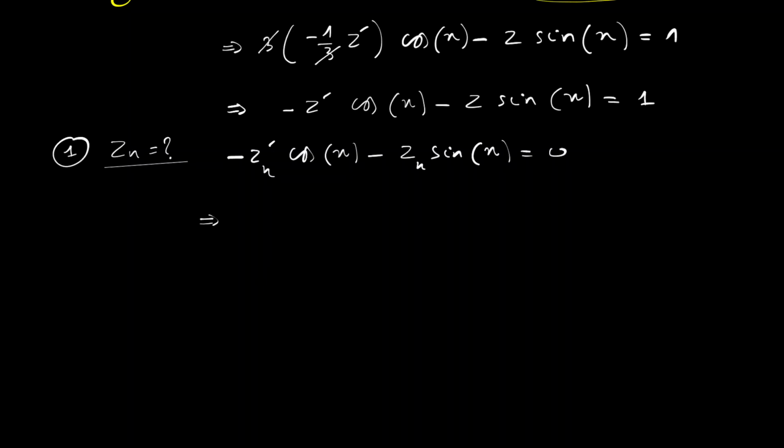First, we have to find the homogeneous solution of this equation. We will try to separate the variables and we can write it like this. Now we can separate the variables.